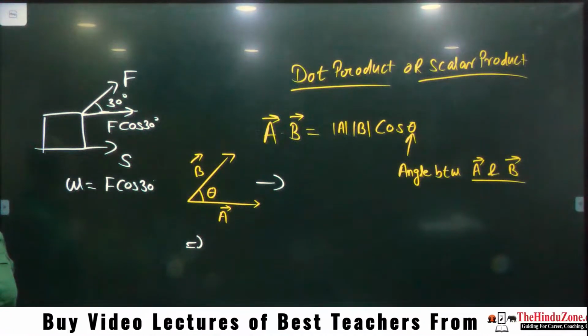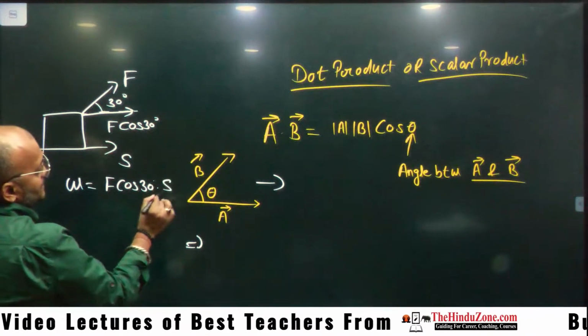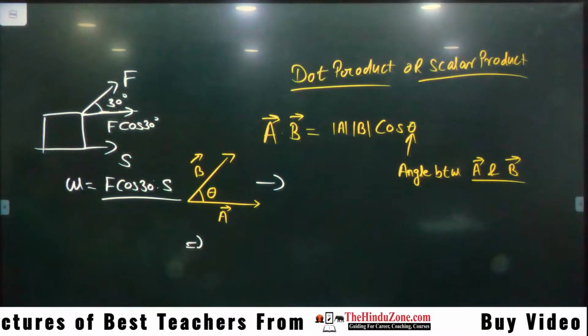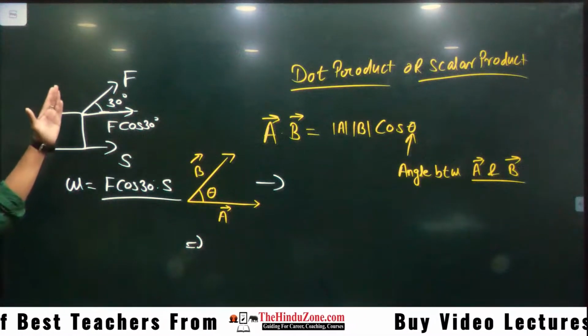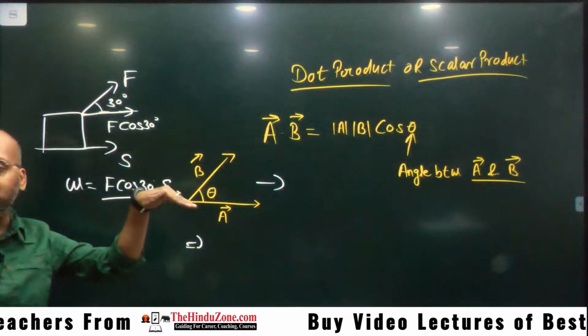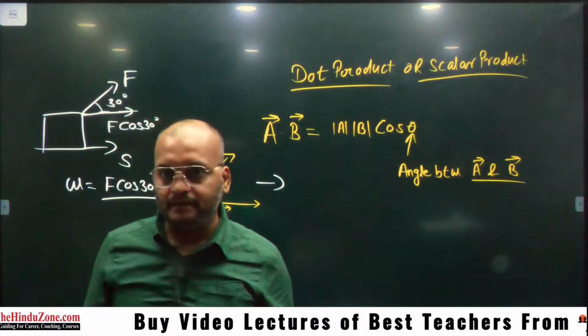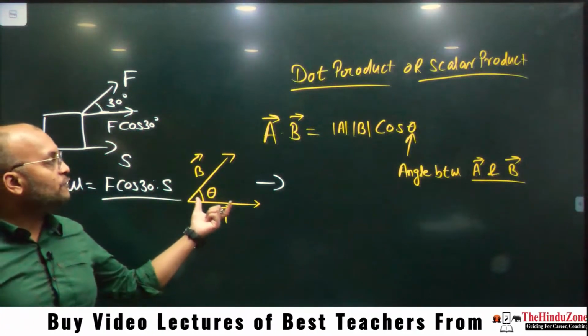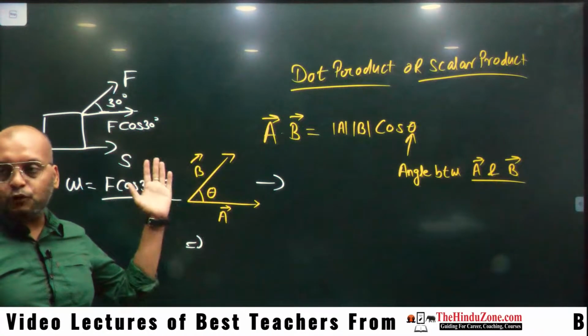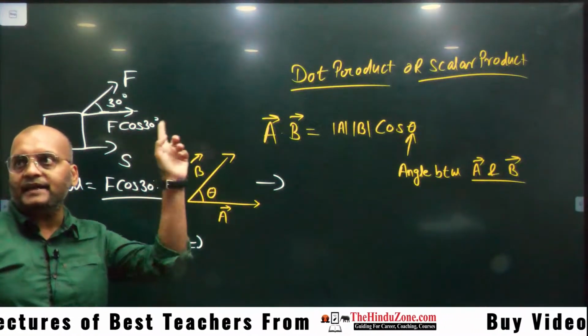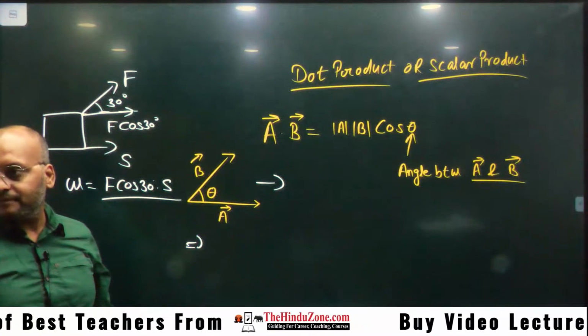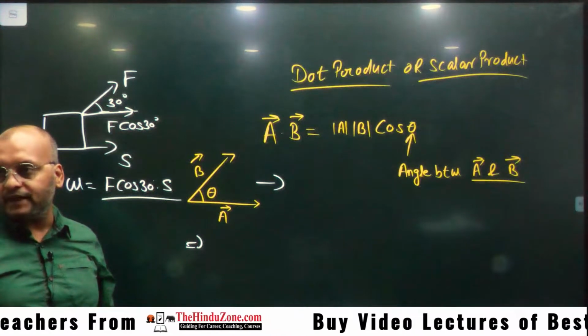Force dot displacement S is work done. So, projection of force in the direction of displacement is causing the work to be done. So, in dot product, what we actually do is take the projection of one vector in the direction of another vector, and then multiply those two.